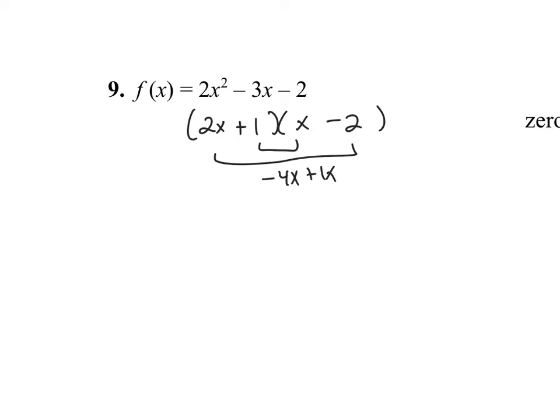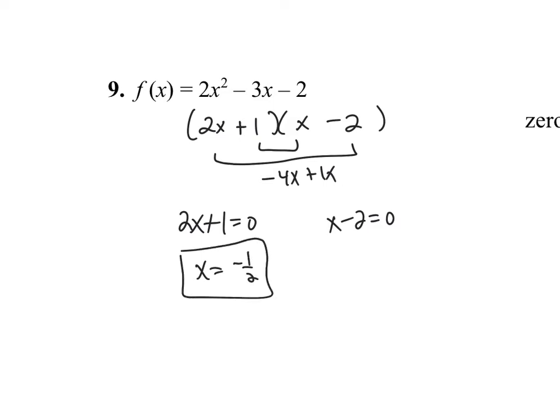So our zeros are going to be 2x plus 1 equals 0. We'll solve that. x minus 2 equals 0. When we solve this, we get negative a half. And then when we solve this, we get 2.